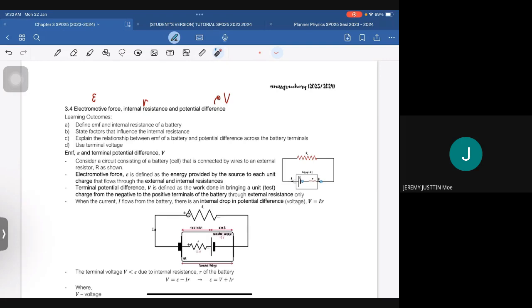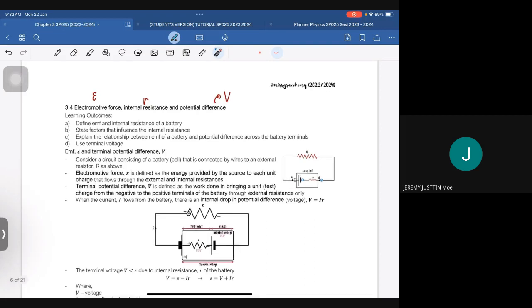Okay, so sekarang ni untuk di sini learning outcomes kamu, you have to be able to define EMF and internal resistance of a battery. Define semua ni, state factors ni, explain ni. Okay, sebab kamu perlu apply formula. So the only formula you have to use here is terminal voltage.